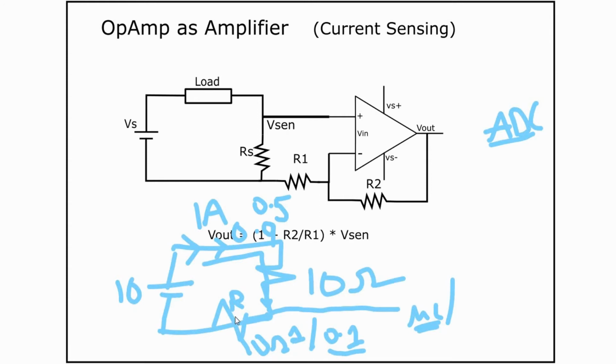Second, the higher the resistance you put here, the higher the I square R losses in this resistance will be. So it is always better to use a lower resistance. One, because you are not going to affect the current which the load is going to draw. Two, your I square R losses will be less. So we should always use a lower value of resistance.